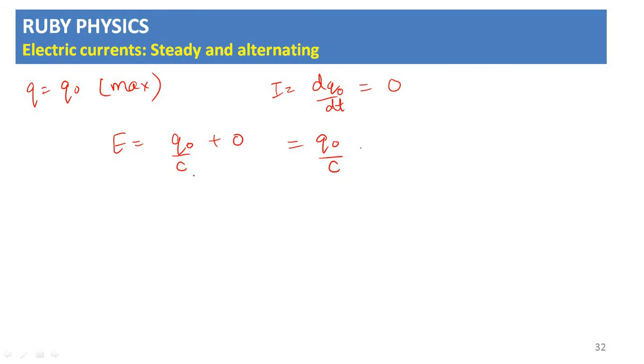So we will put here the value of E in the equation. If E is Q naught over C, then Q naught over C is equal to Q by C plus IR.